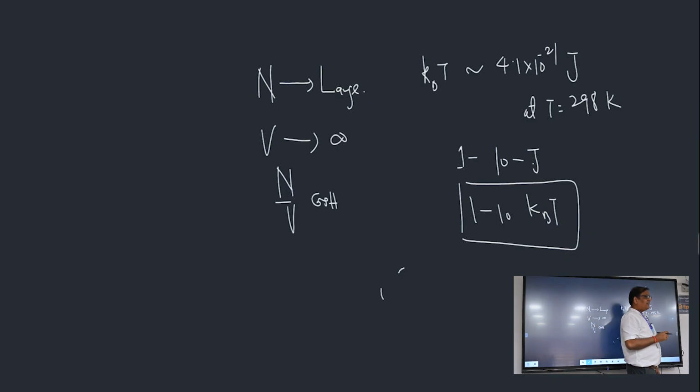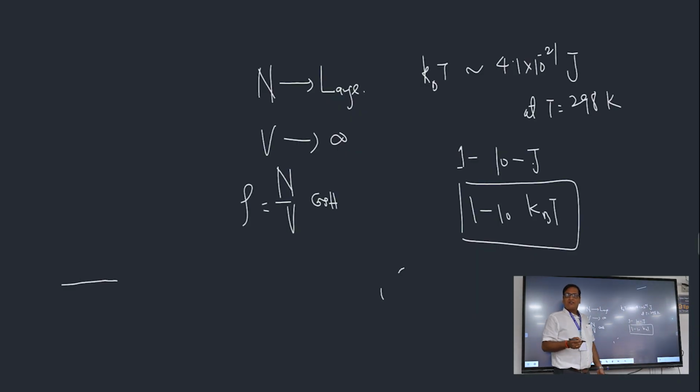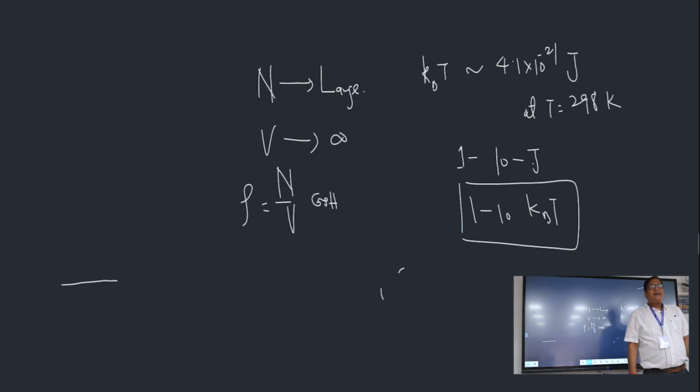N by V constant means what? Number density is constant, fixed. So if this is the situation, then we say that we are in the thermodynamic limit. In that particular condition, statistical mechanics predicts properties up to a very high level of accuracy.